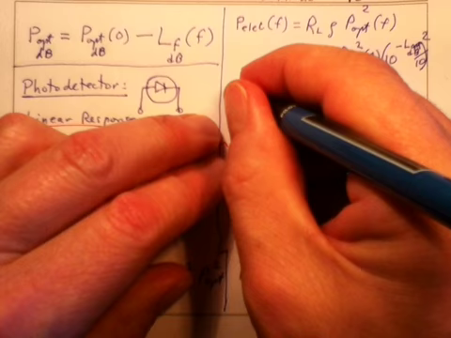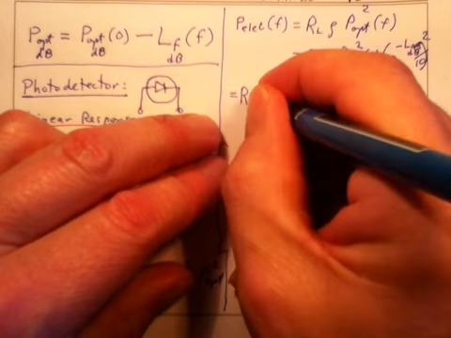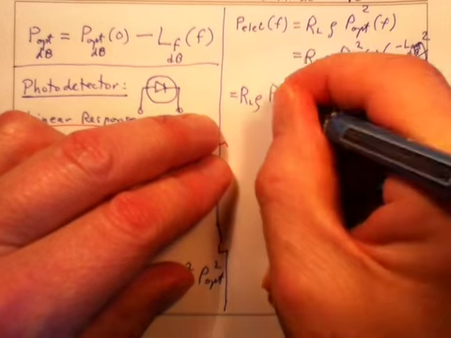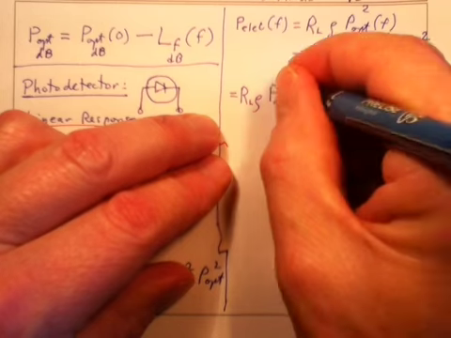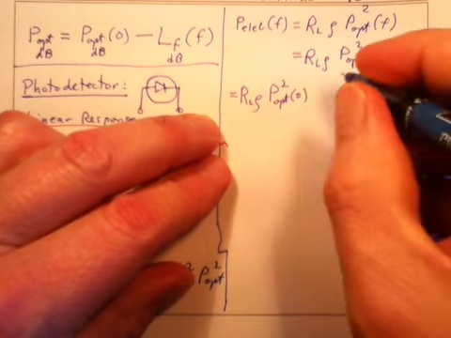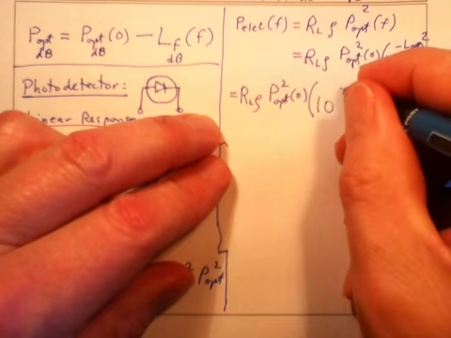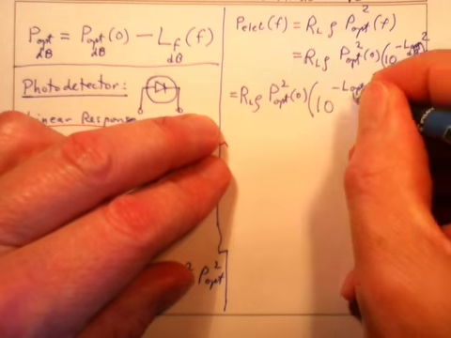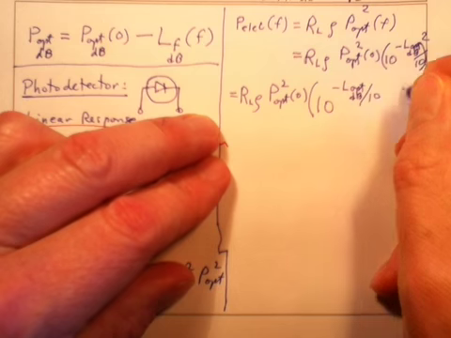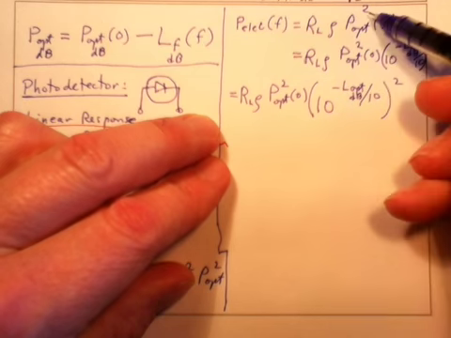So let me rewrite that line: R_L rho squared P optical squared at 0 times 10 raised to the minus L opt in decibel units over 10, and I'm squaring that because I'm squaring the optical power.